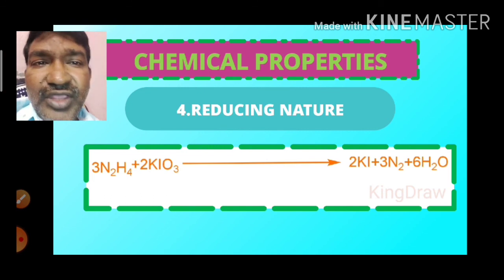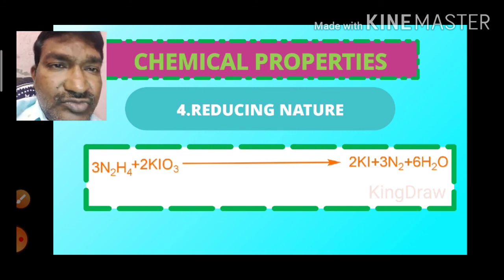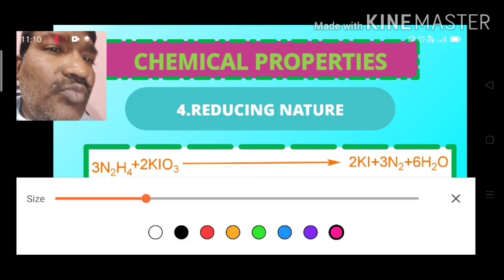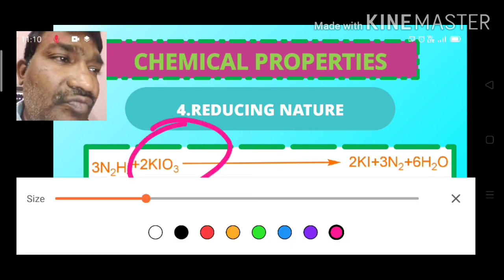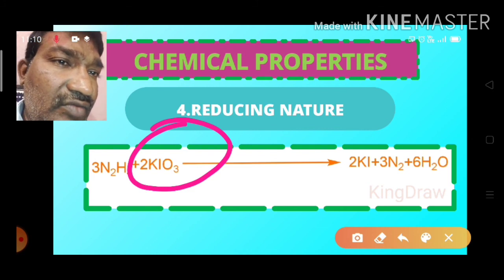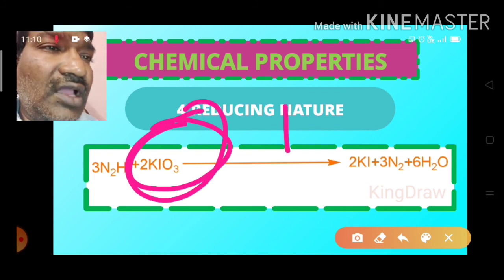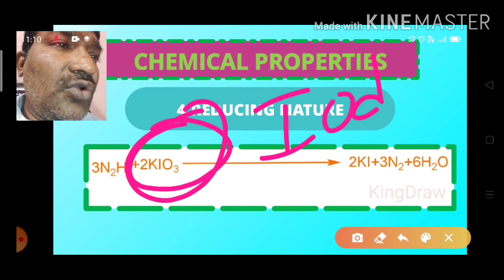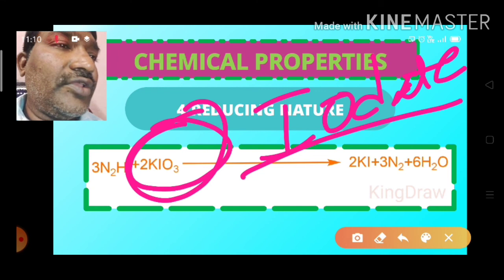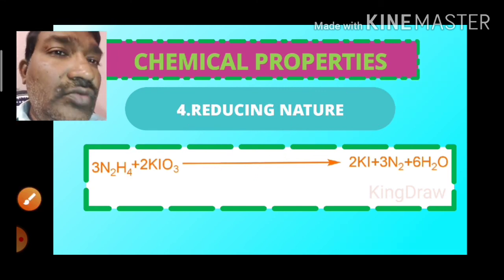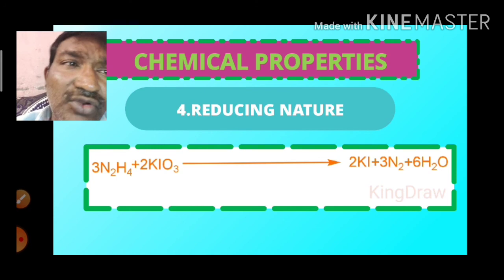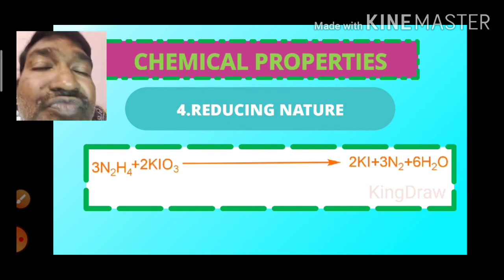Here, hydrazine is reducing KIO3. KClO3 is known as potassium chlorate, and KIO3 is known as potassium iodate. So hydrazine reduces potassium iodate to potassium iodide.